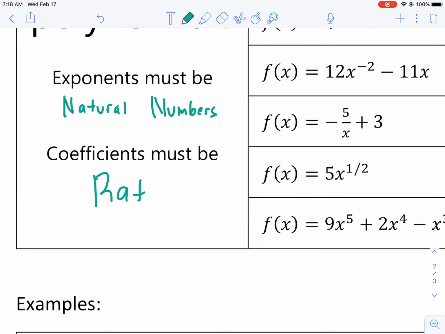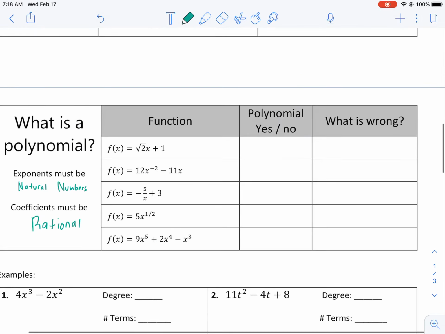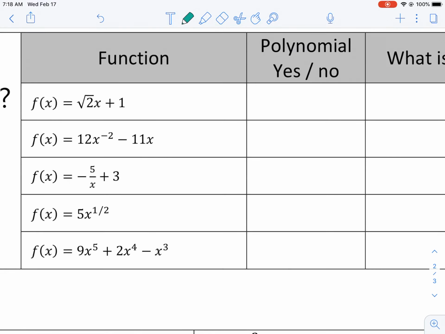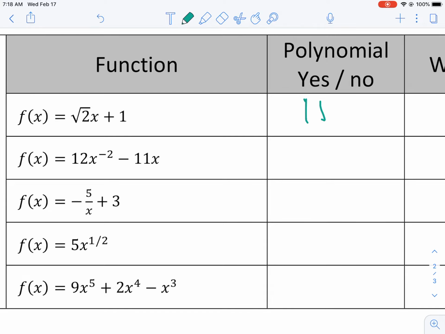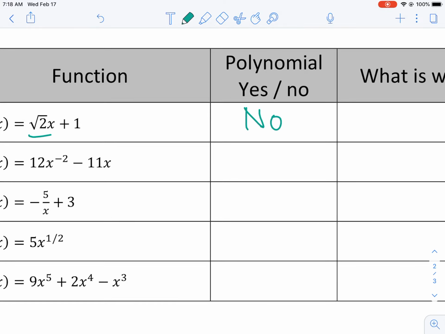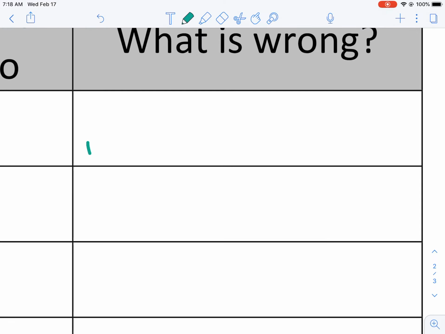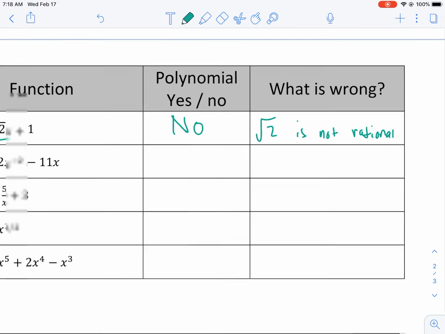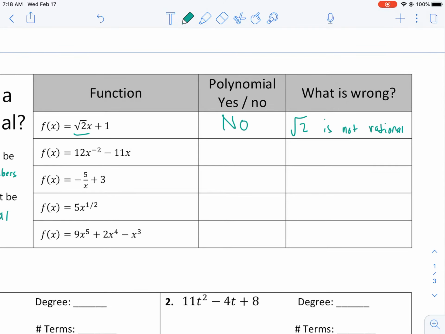Coefficients must be rational, which means they can be written as a fraction. We're going to go through these. Polynomial, yes or no? No. Why? The coefficient is the square root of 2, and the square root of 2 is not rational. That's an irrational number. Irrational numbers basically are a bunch of decimals forever, and you can't write them as a fraction.